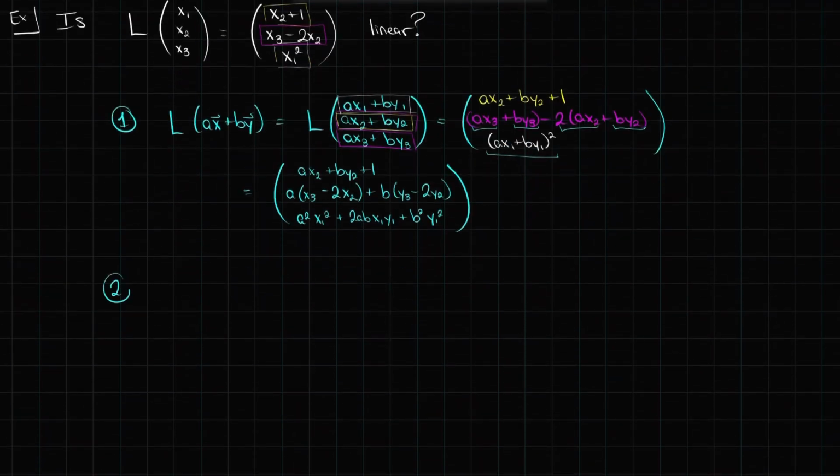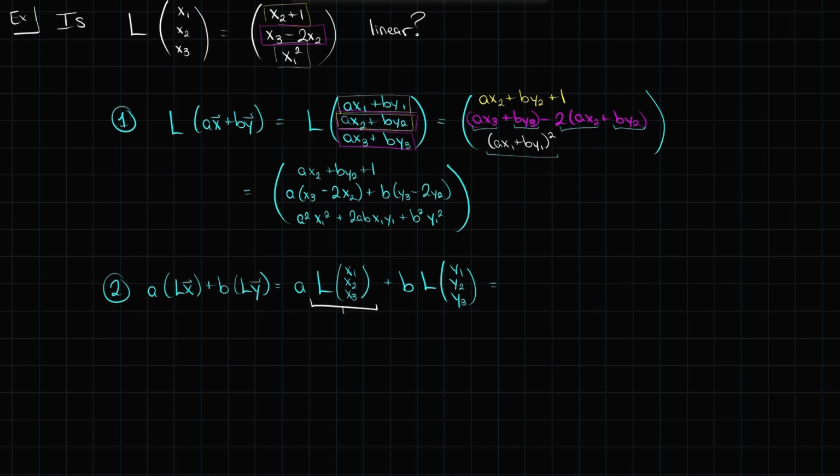Second, let's compute the linear combination of L on each of the vectors. It's going to be a times L of the vector x1, x2, x3, plus b times L of the vector y1, y2, y3. If I calculate each of these out, what is L of x1, x2, x3?